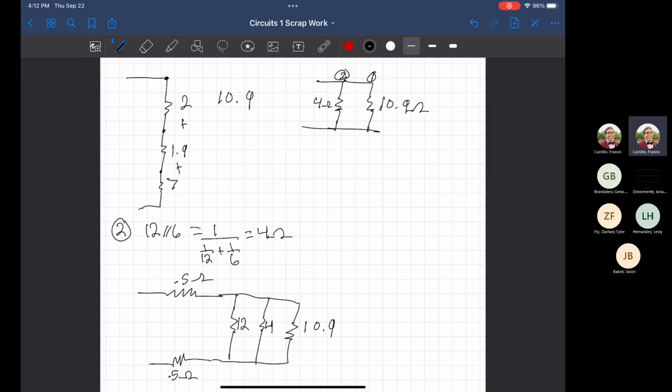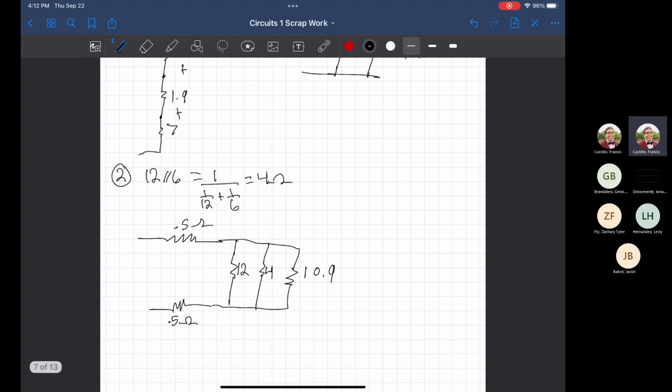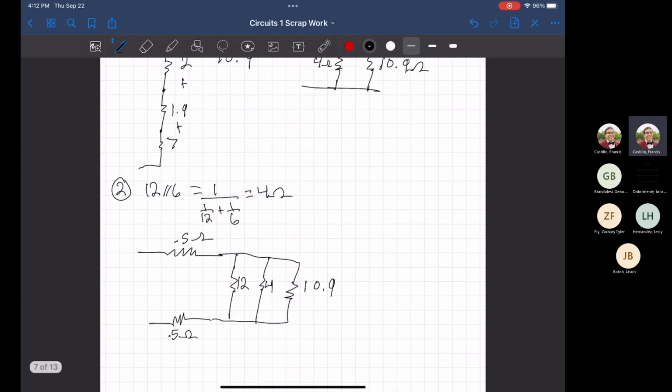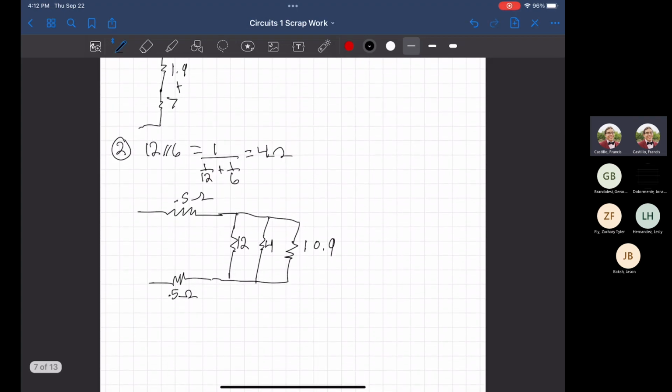So, yeah, okay. This is what we currently have here. We have all these values in parallel, all these sets right here.